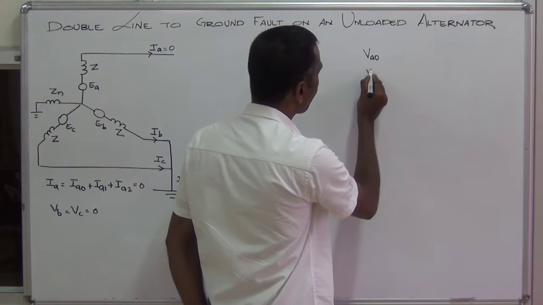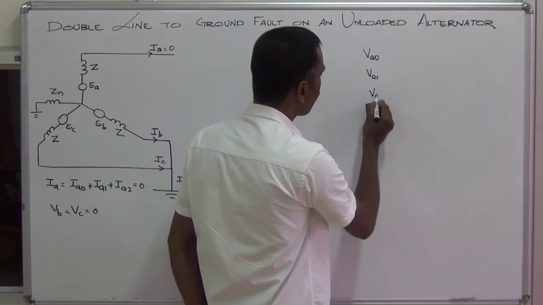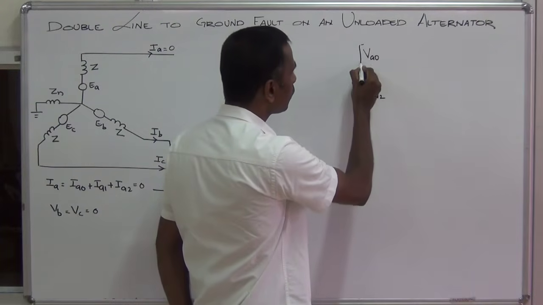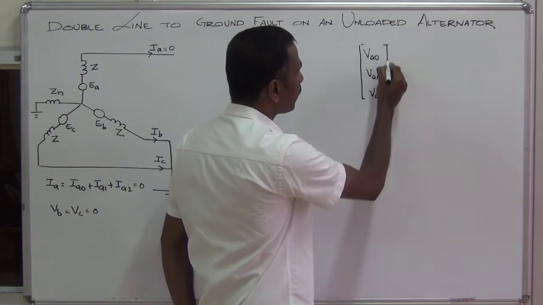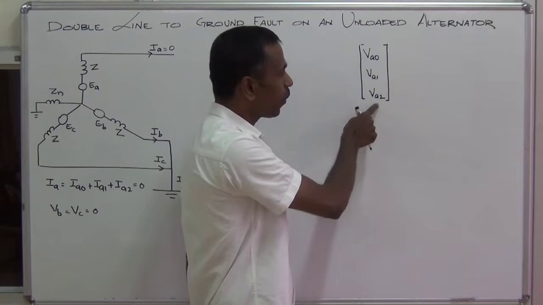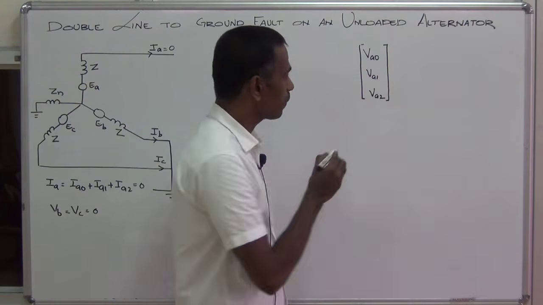VA0, VA1 and VA2. These are the three sequence voltages, zero sequence voltage, positive sequence voltage and negative sequence voltage.